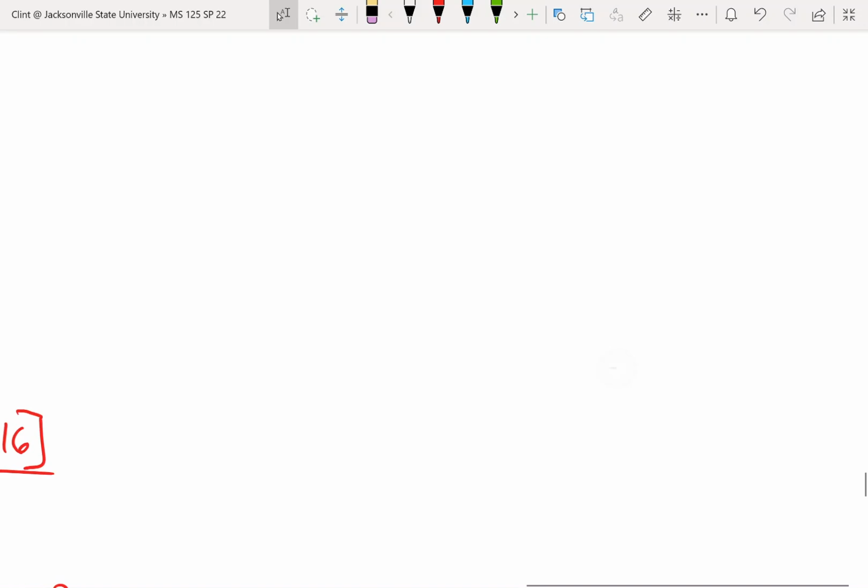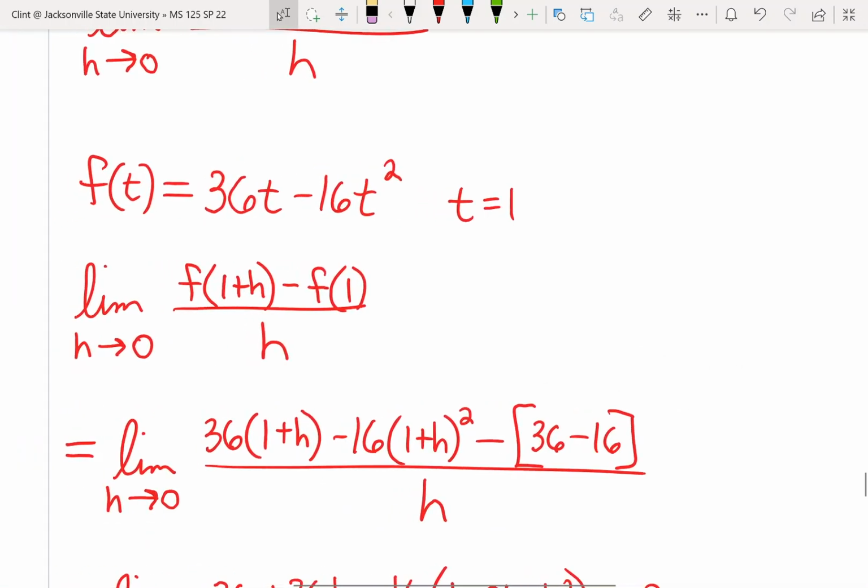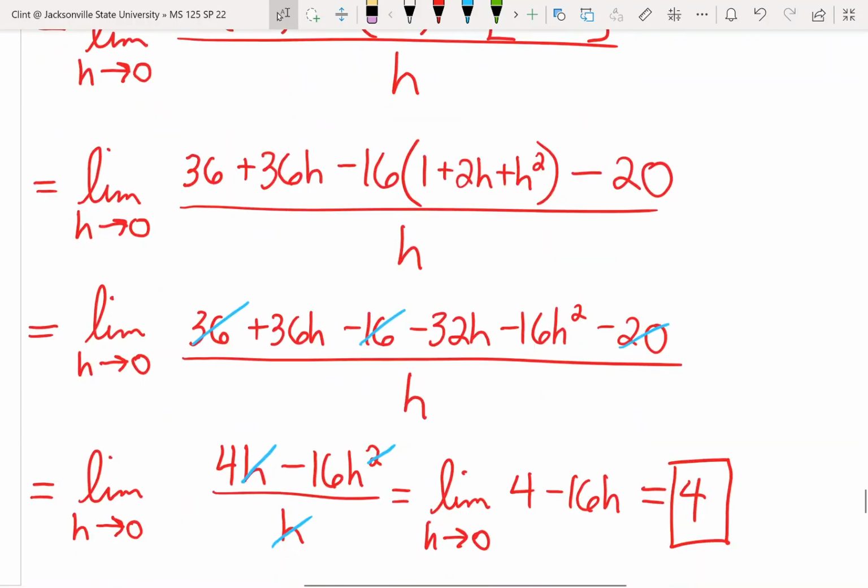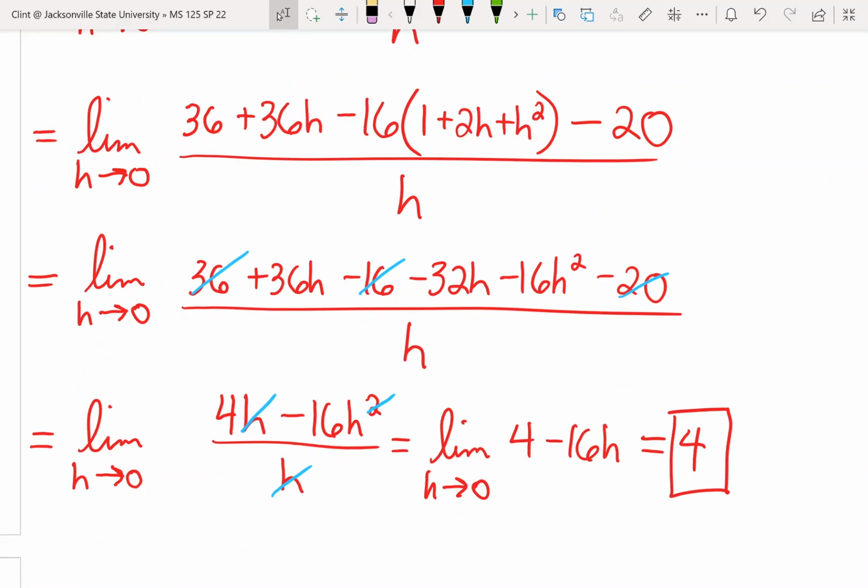That's, oh goodness, the screen's acting crazy. That's sure one of the worst ones, just because it's so long.